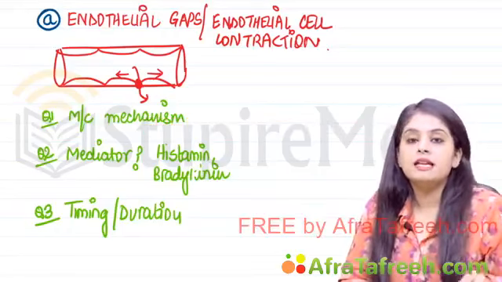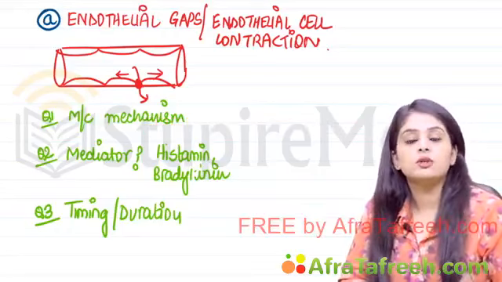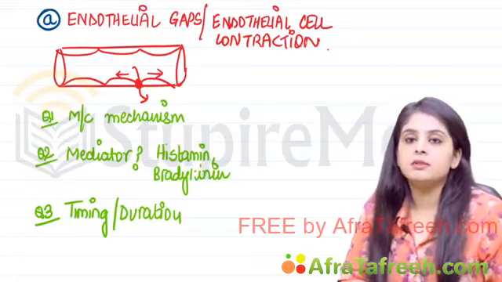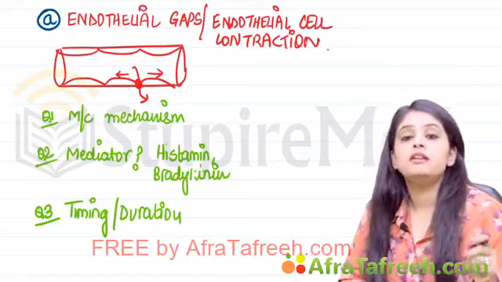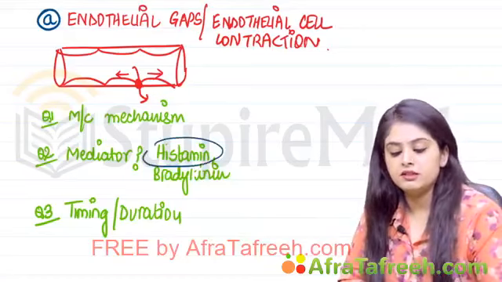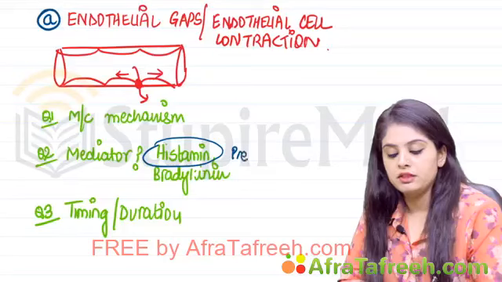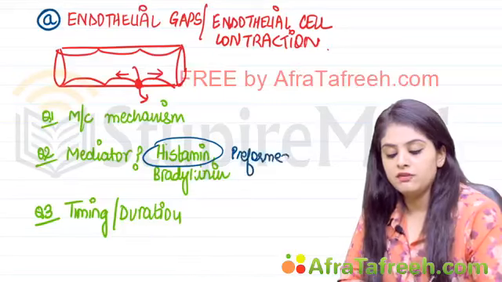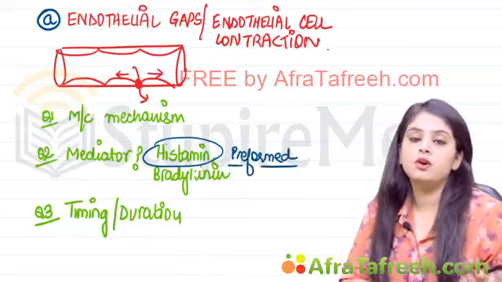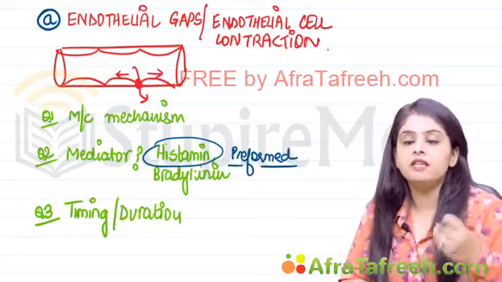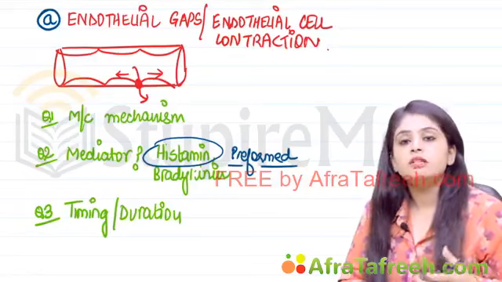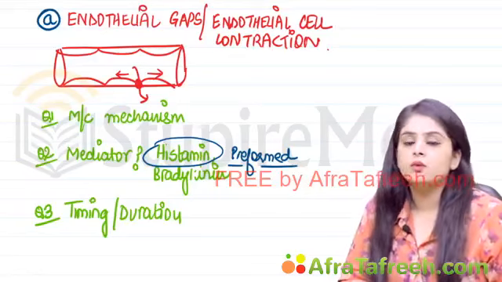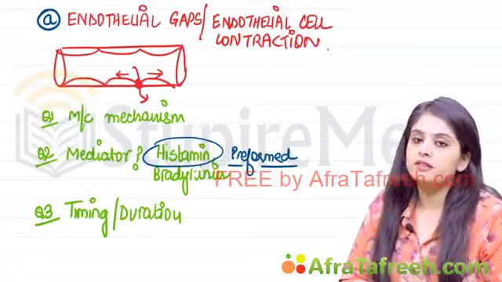Now remember, endothelial cell contraction is because of which mediator? Histamine. As we will read later on, histamine is a preformed mediator, means it is always present in our body. All that has to happen now is when inflammation starts, it has to get released, right? So will the body take any time? No. This mediator is already present.